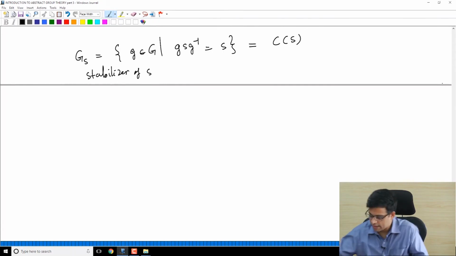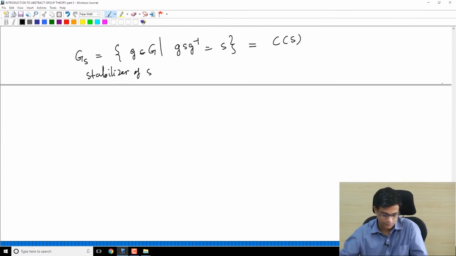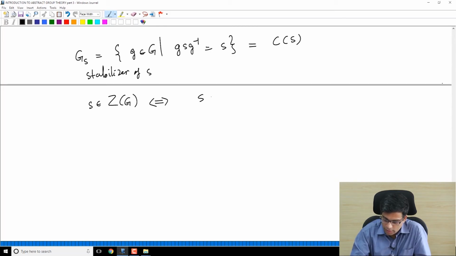Now the second part of the problem: an element is in the center if and only if its stabilizer is G. Suppose s is in the center. If s is in the center, this means sg equals gs for all g in G, right?